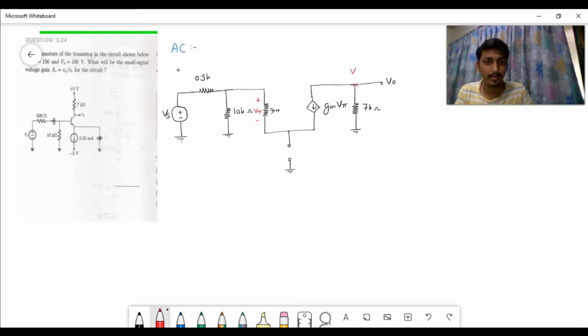This is V0 here, and Vs here. We have to find the voltage gain V0 by Vs. It's very easy to find here. You can see the emitter is totally not there, or you can call it grounded.